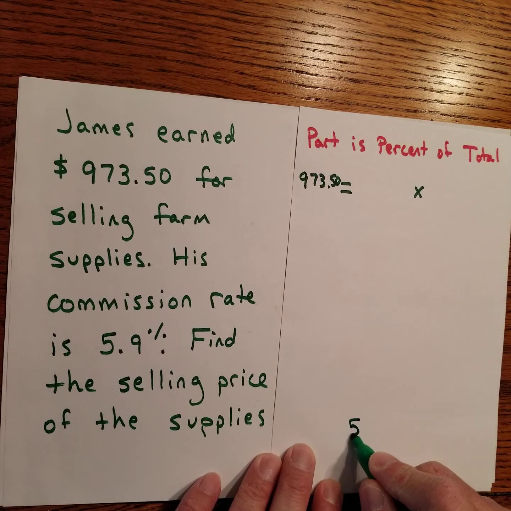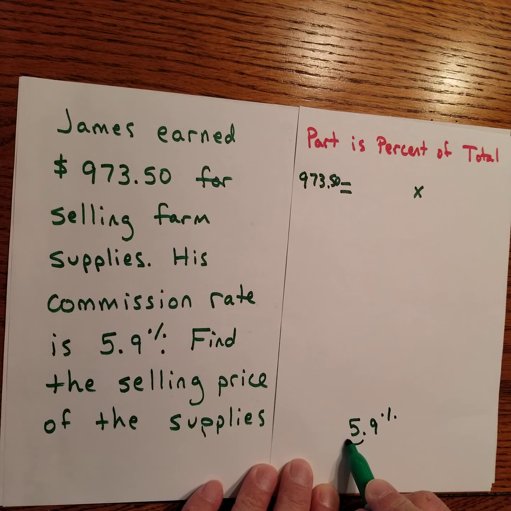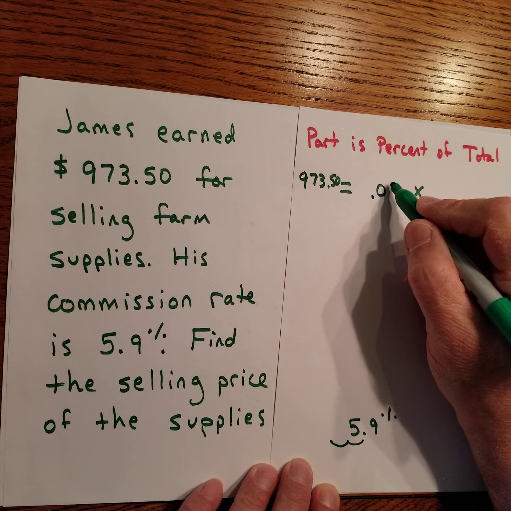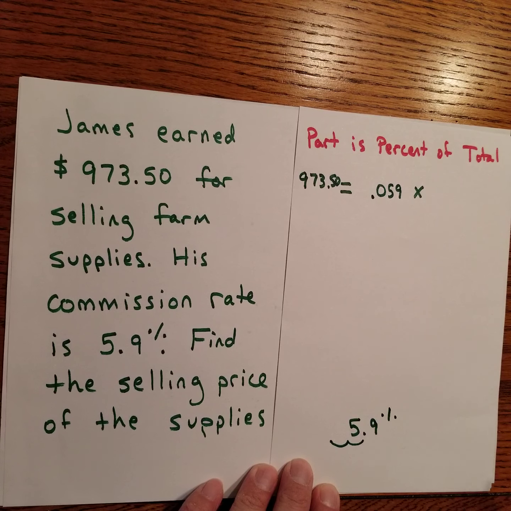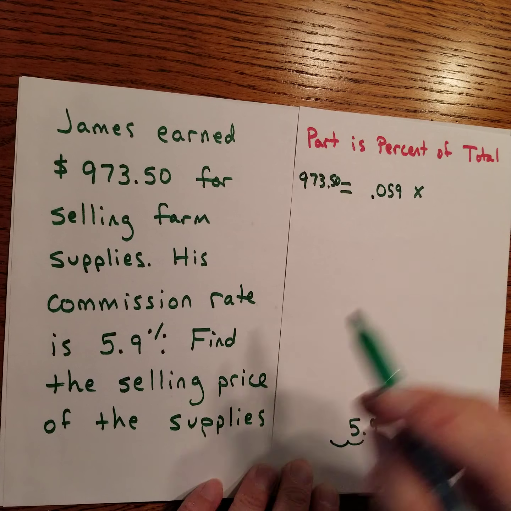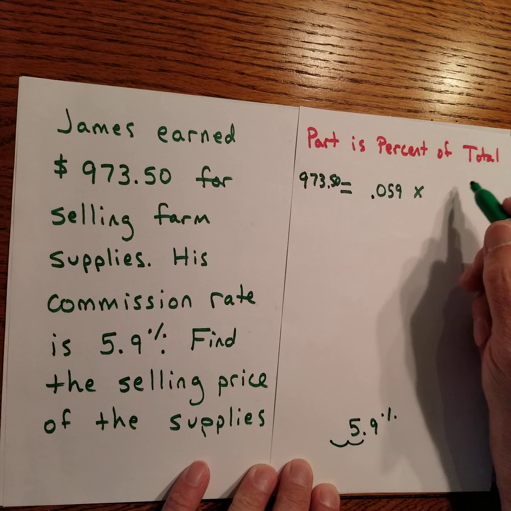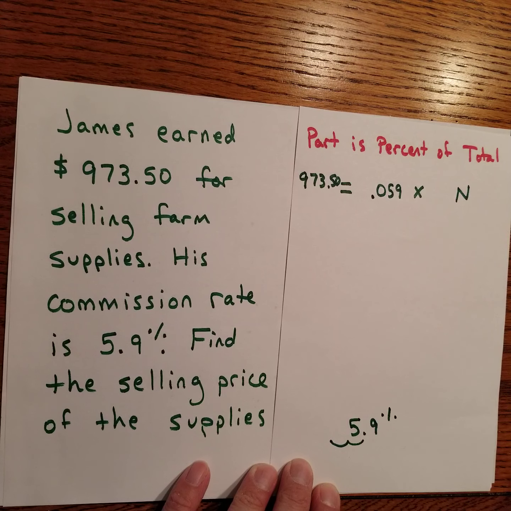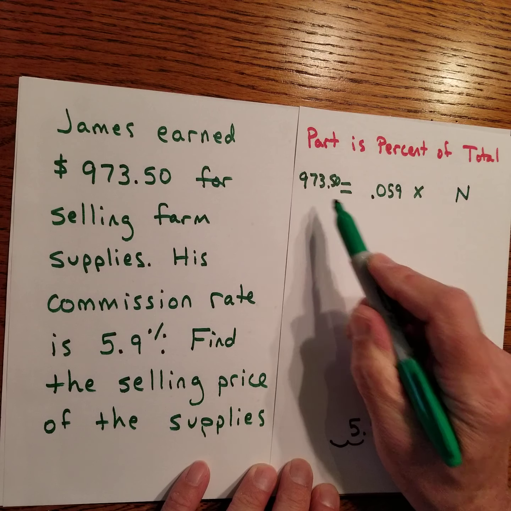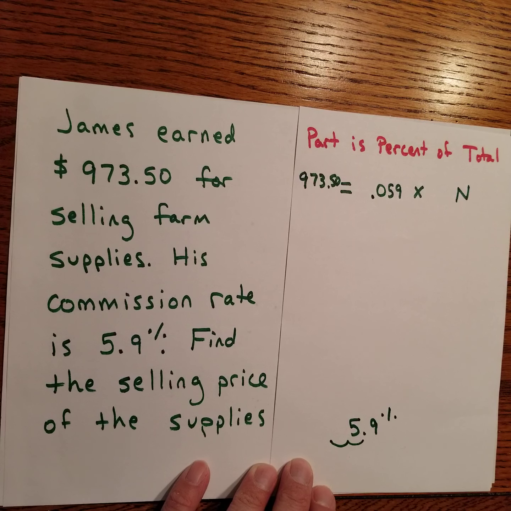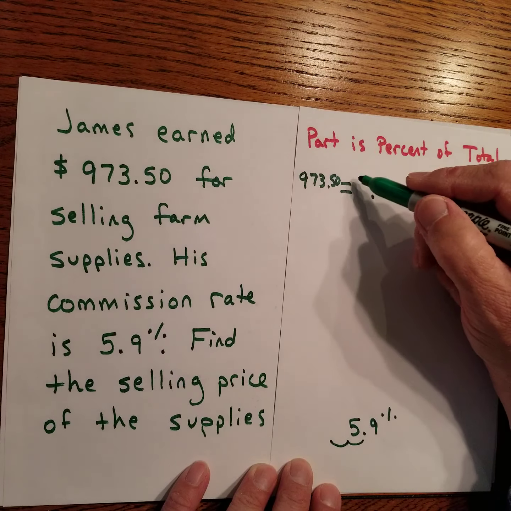Let's change that percentage into a decimal. That's 0.059. Final question, find the selling price of the supplies. We're looking for the total selling price if James gets to keep $973.50. Let's solve that equation.